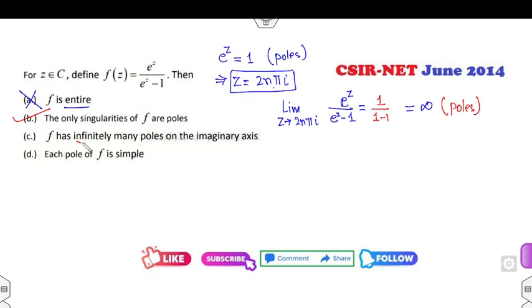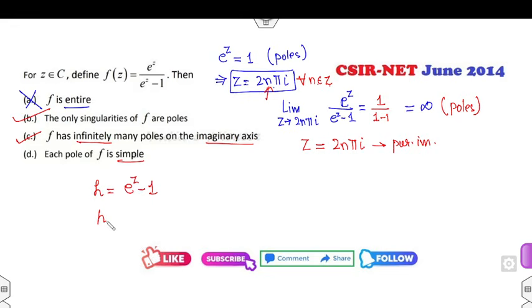Fine. It has infinitely many poles. Yes, because n is my integers, it has infinitely many poles. Do they lie on the imaginary axis? Yes, again, because z is 2n pi iota, a purely imaginary number. Is each pole simple? To check, I can substitute the denominator as h and then find h dash.